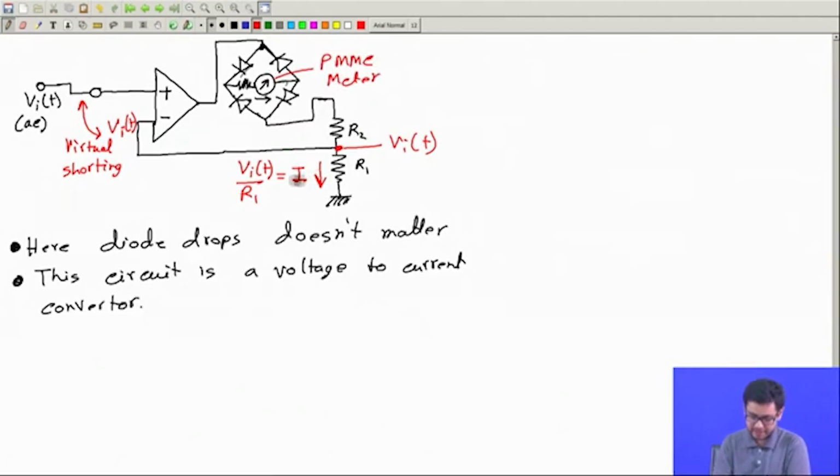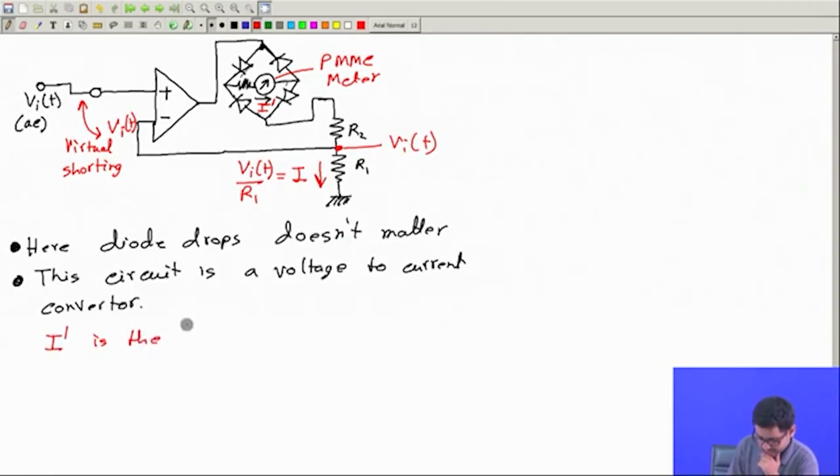So this current I is the same current which flows through the meter. The only difference is that here this is purely AC, but this is rectified. So let me call it I prime.